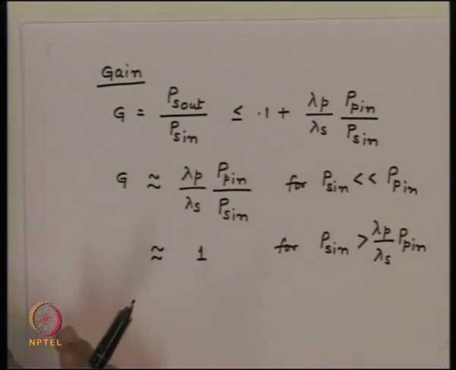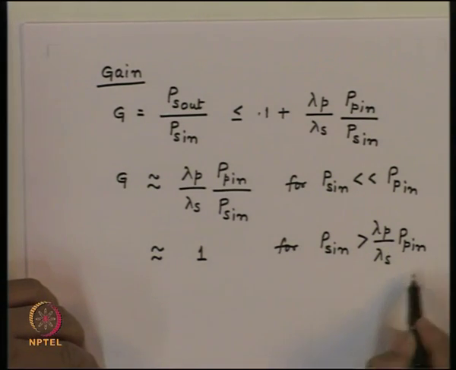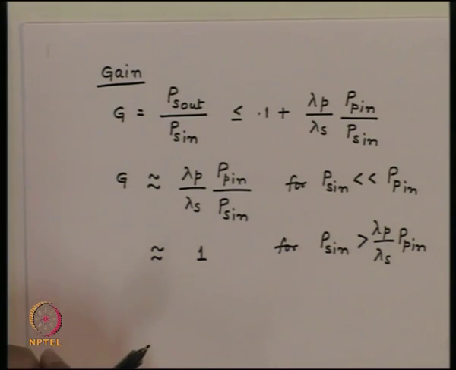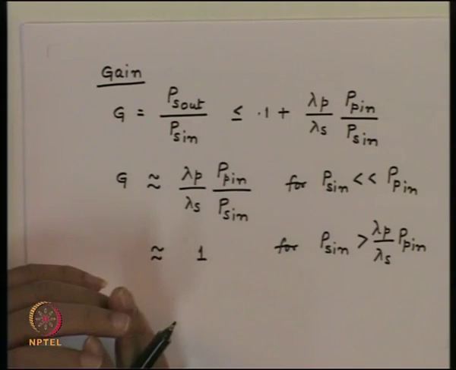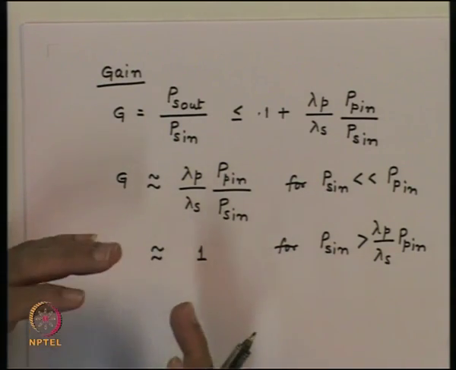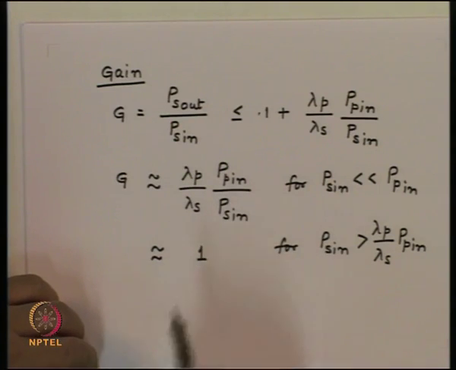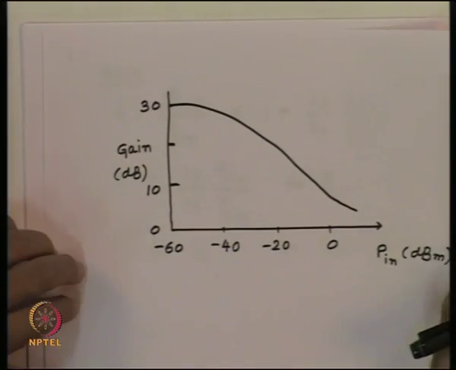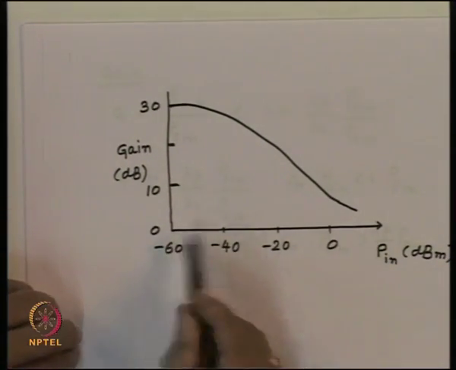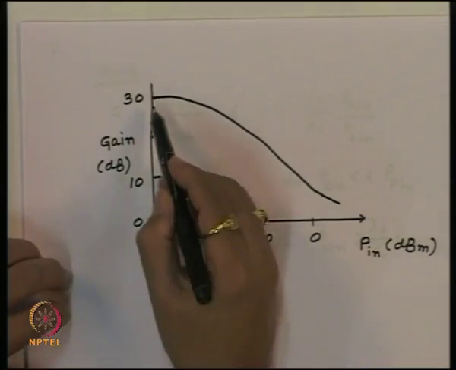So essentially what we are saying is that for a specific gain of the amplifier and the pump input power, the signal input power should not exceed beyond a certain level. In fact, if you look at these two quantities here, that's the characteristic which we drew here, which is saying that when the signal power is very, very small, we have a large gain.